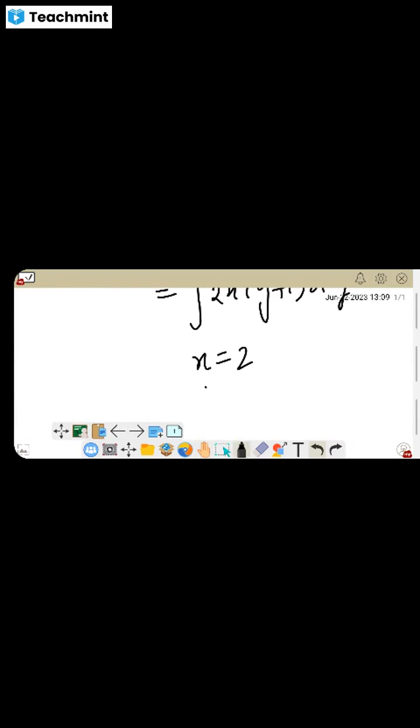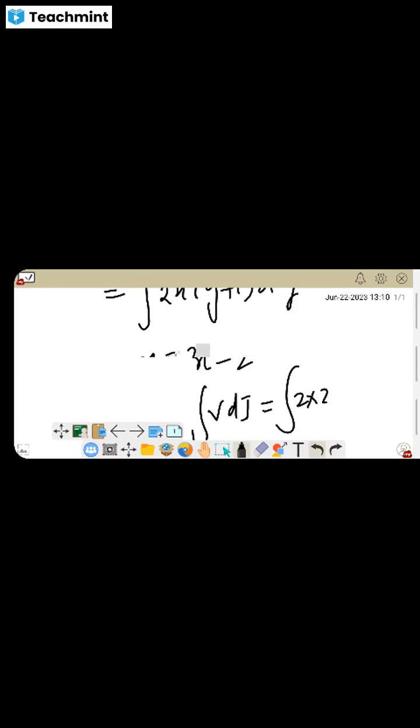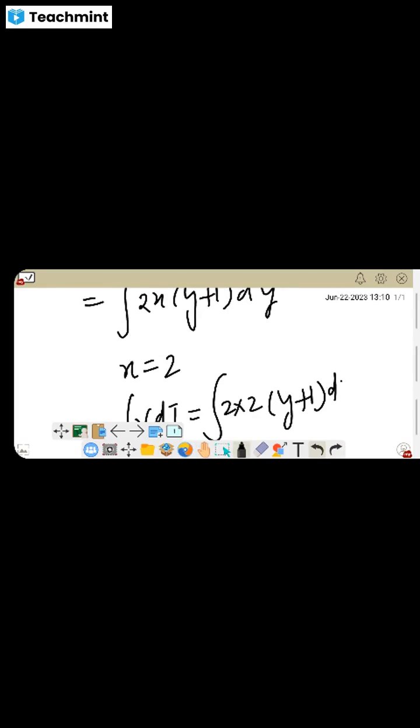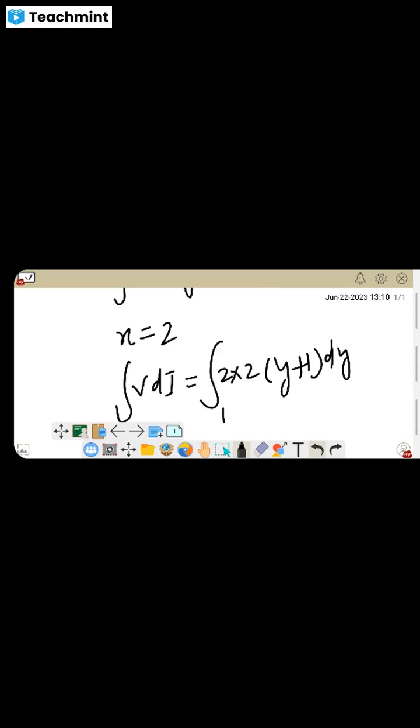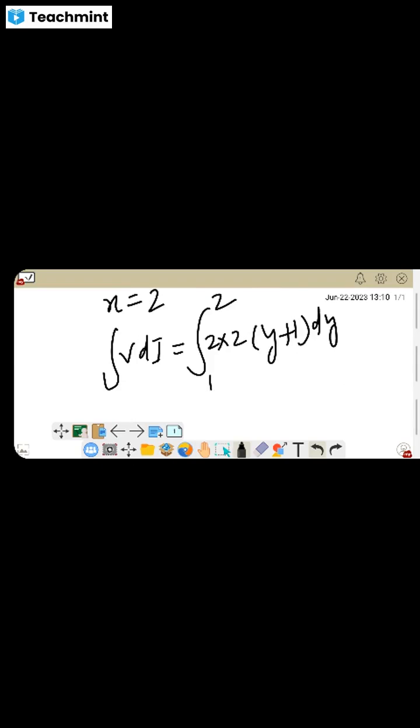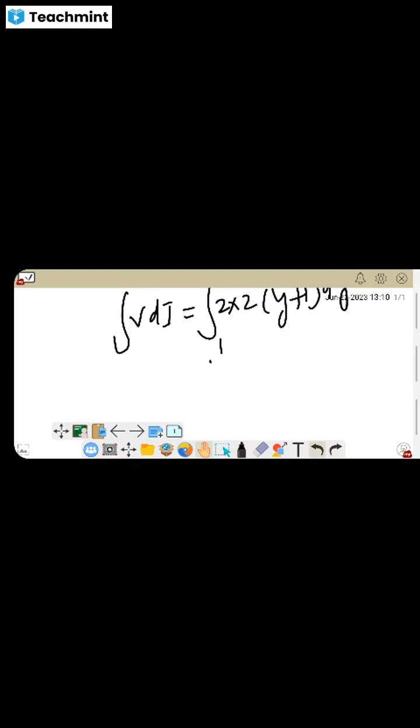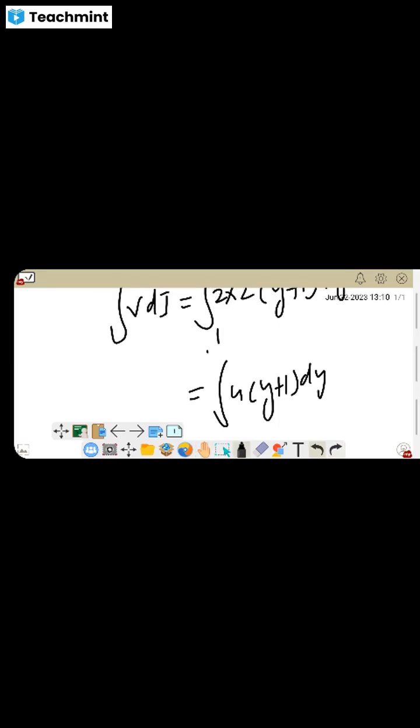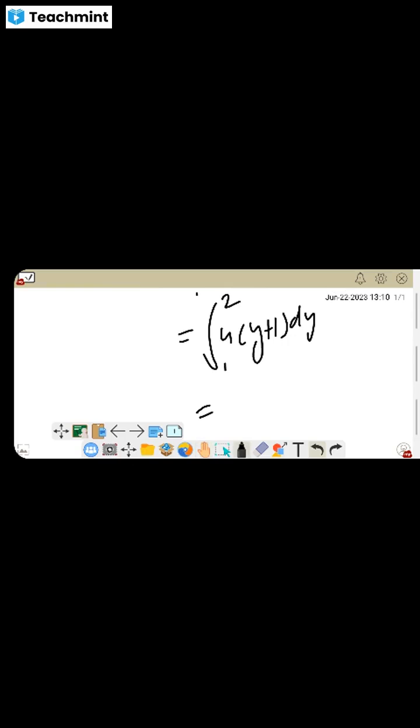So we have the integration of v dot dl equal to 2 into 2 and y plus 1, integrated from 1 to 2 because our position is changed by the limits a and b of y. So here we have 4 and y plus 1 dy having limit 1 to 2.